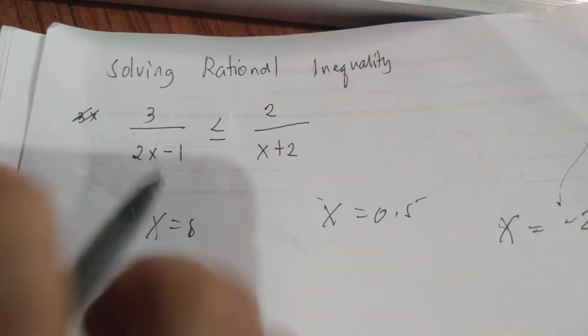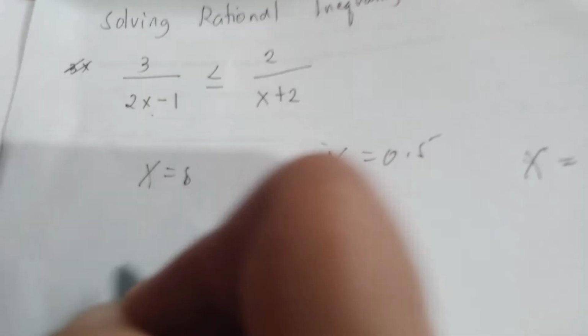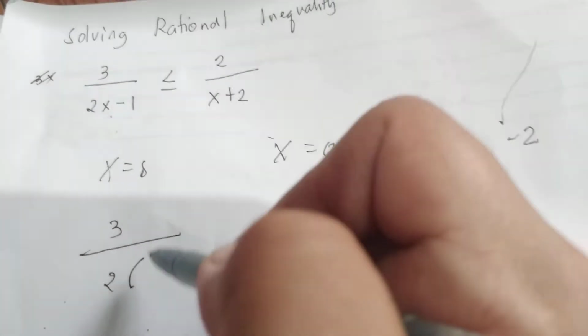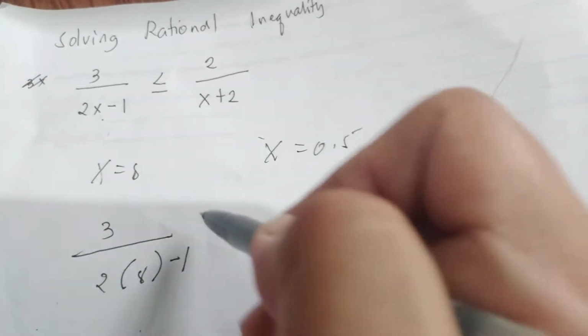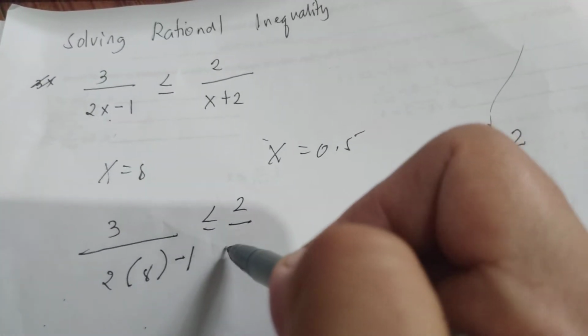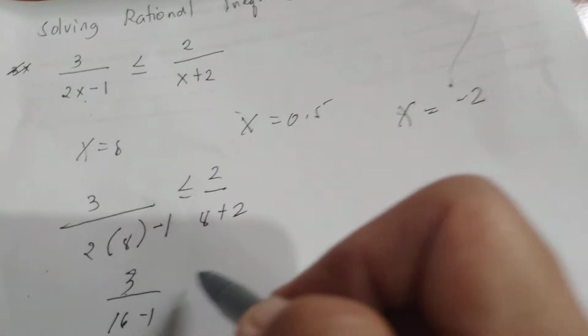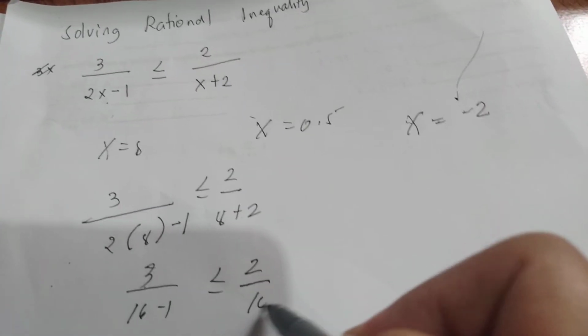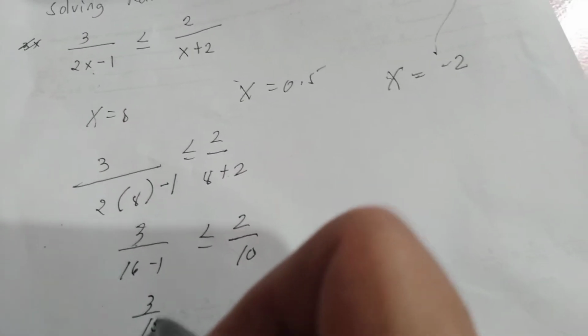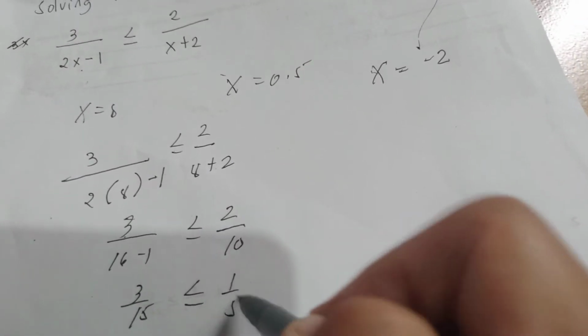So, unahin natin yung 8, substitute natin sa given natin. So, that will be 3 over 2 times 8 minus 1 is less than or equal to 2 over 8 plus 2. So, that is 3 over 16 minus 1 is less than or equal to 2 over 10. So, that is 3 over 15 is less than or equal to 1/5 or 2 over 10.